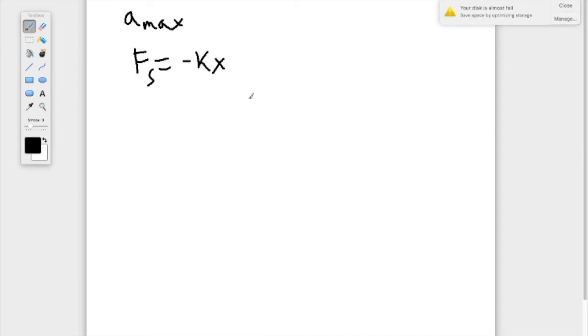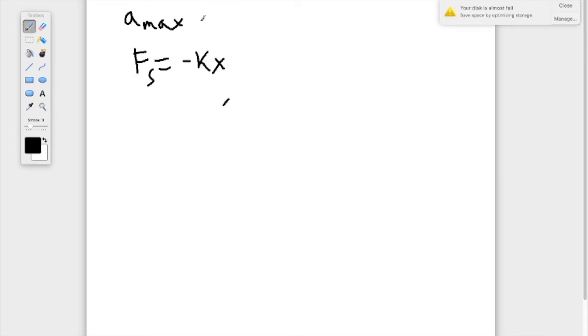Therefore, we can't find the acceleration without either having a spring constant and x value, or without using calculus. So let me show you the first way to find the max acceleration.